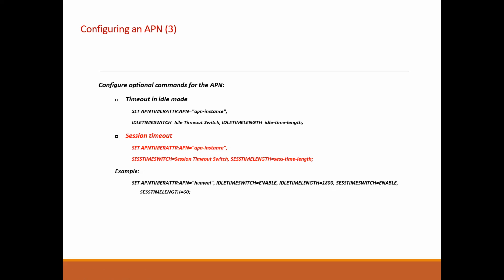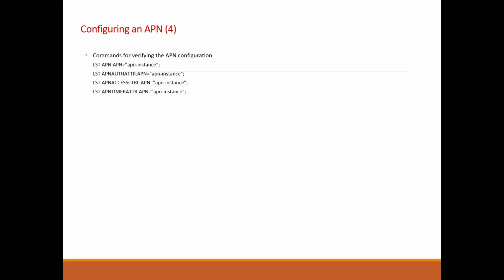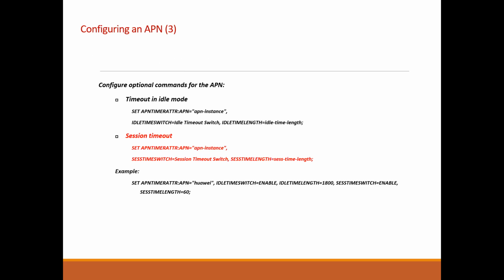The next optional parameter for an APN is that you can set an idle timeout. The concept of an idle timeout is that if a user is connected to the internet and is not doing any browsing, there is no uplink or downlink by that user, then that user is basically wasting resources.